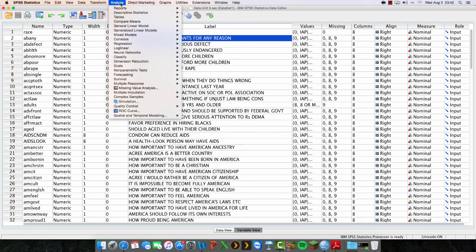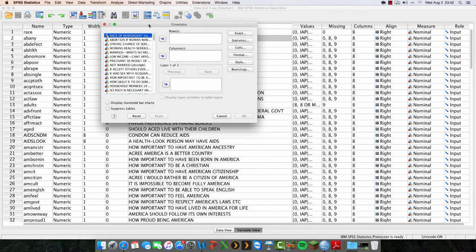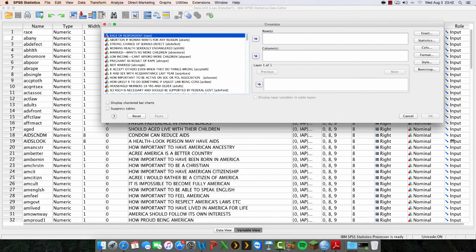Go to Analyze, Descriptive Statistics, Crosstabs. Now, in the crosstab box, I generally like to stretch it out a little bit so I can read the labels. I'll want to add in my row variable, and make sure it goes in the row variable because you're going to be reading percentages across the row.